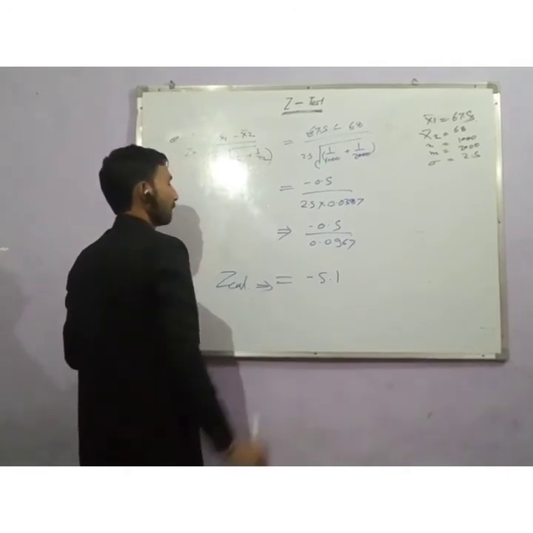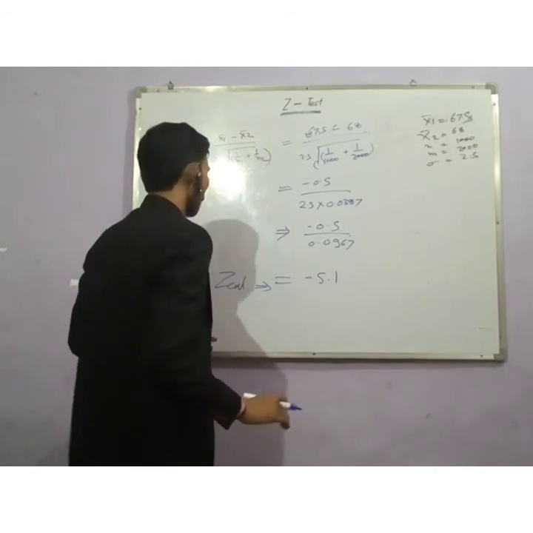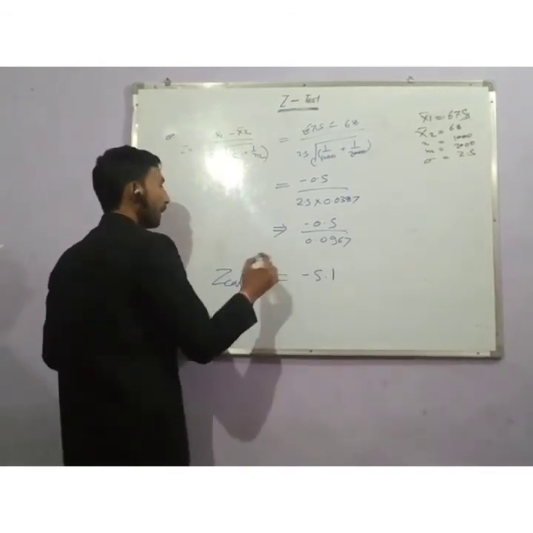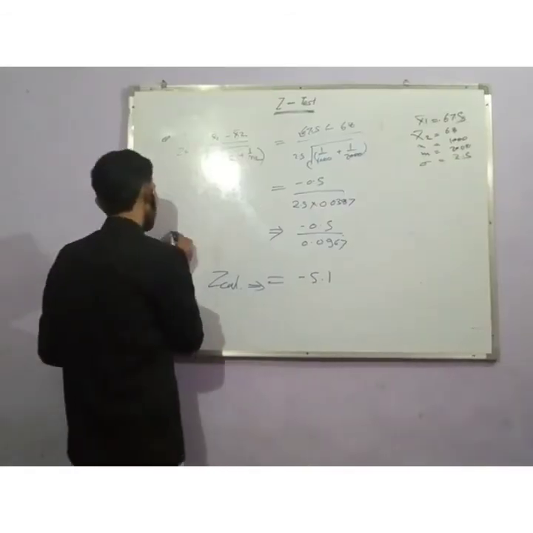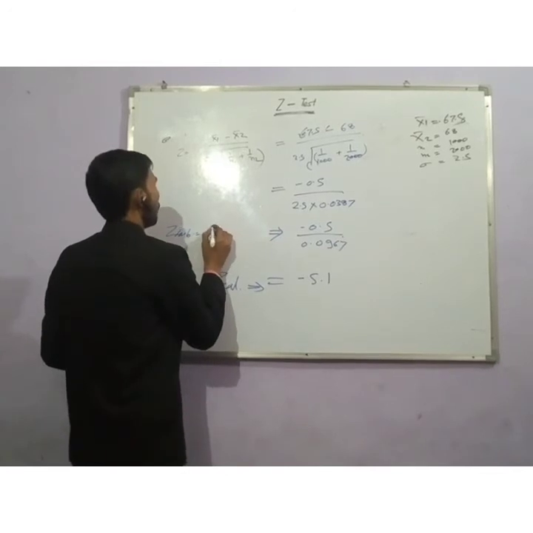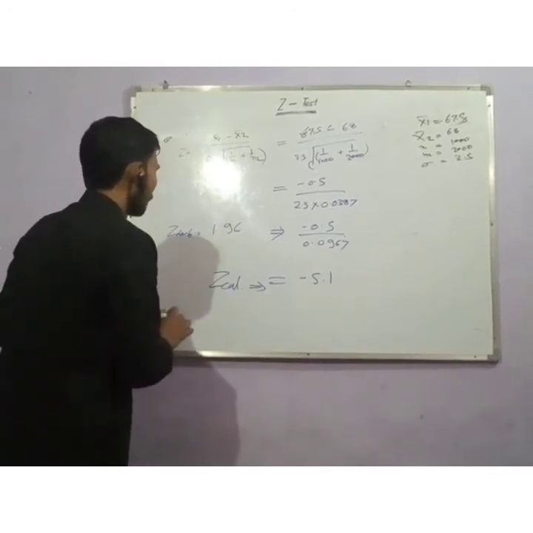Okay, this is the Z calculated value, minus 5.1. Now we use the tabulated value. Z tabulated value is 1.96.